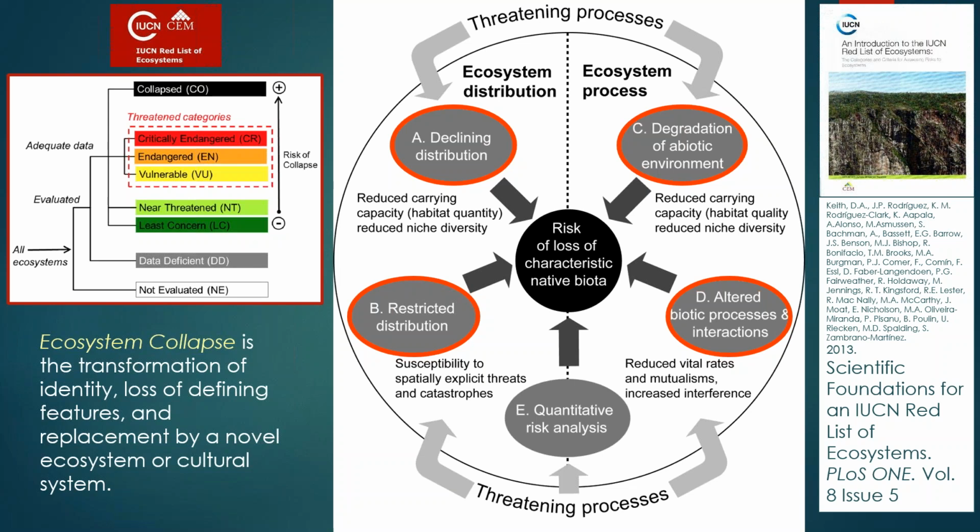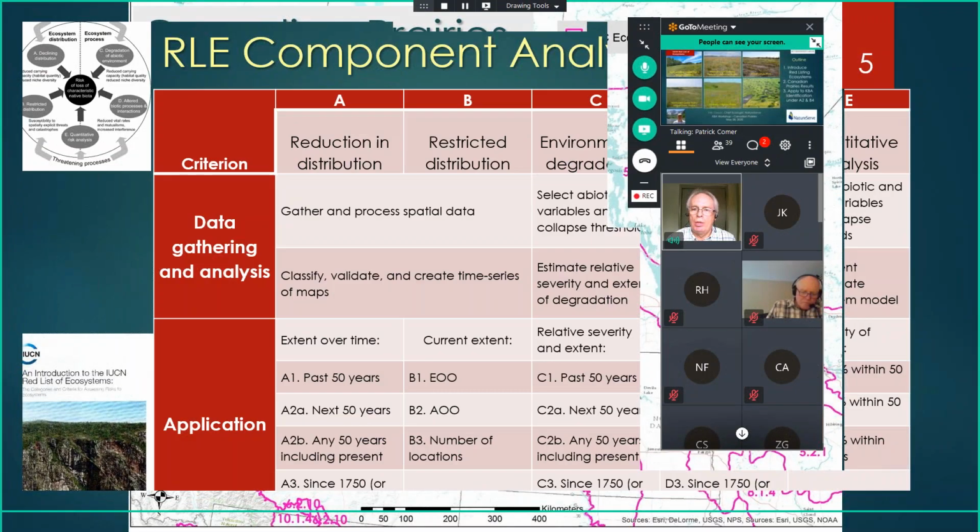If you go in, there are a couple of guidance documents, going back to an initial publication in 2013, which was the scientific foundations of the Red List of Ecosystems, but IUCN has published a couple of different guidance documents. You can go into more detail about recommended methods associated with each of the component analyses.